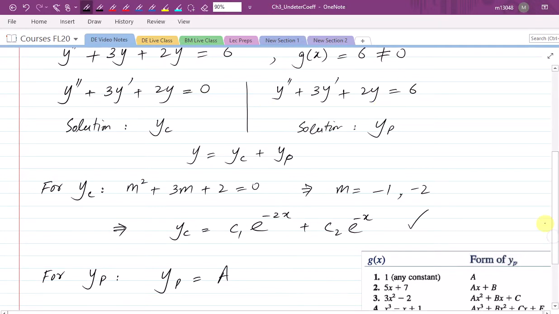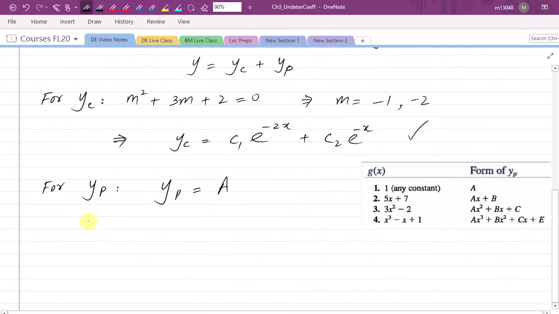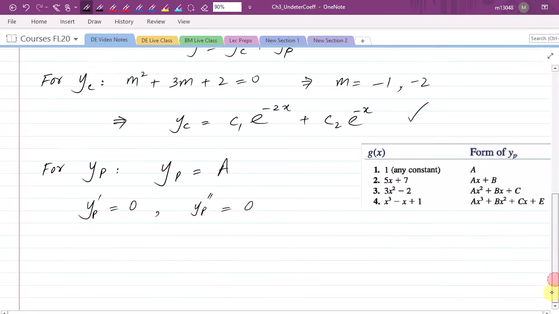So how do we use it? We have supposed a solution. We will take two derivatives and substitute into the equation. So let's do that. yp prime equals 0 because a is a constant. yp double prime is 0 again. Now we put the values into the equation. y double prime plus 3y prime plus 2y equals 6.